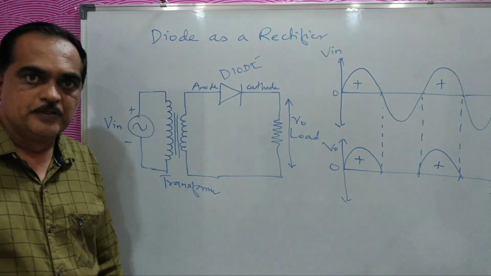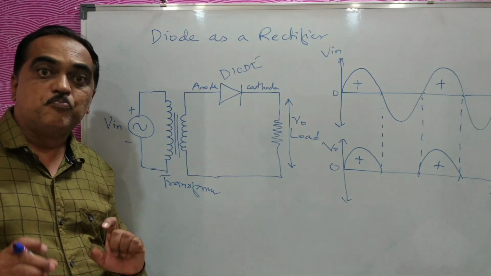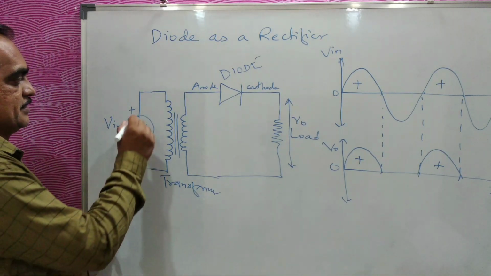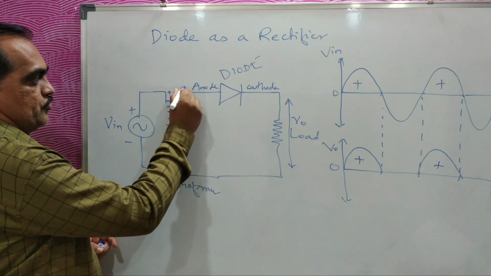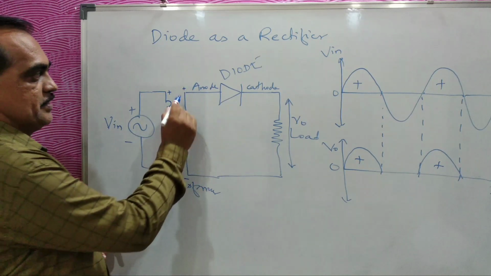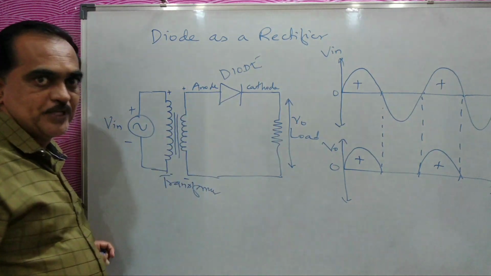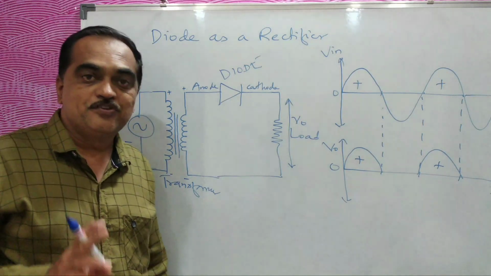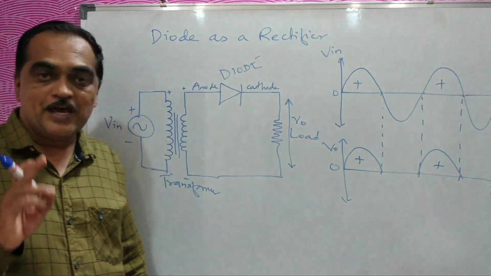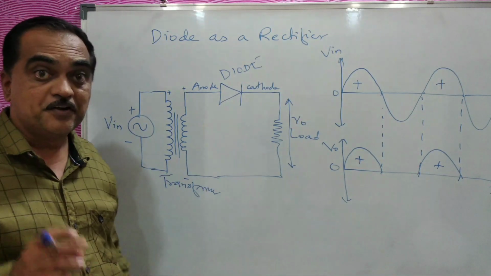This is because whenever the input is a positive half cycle, the top point is positive and this is negative. That means anode is positive with respect to cathode. Cathode is negative. So when anode is more positive with respect to cathode, the diode will conduct.